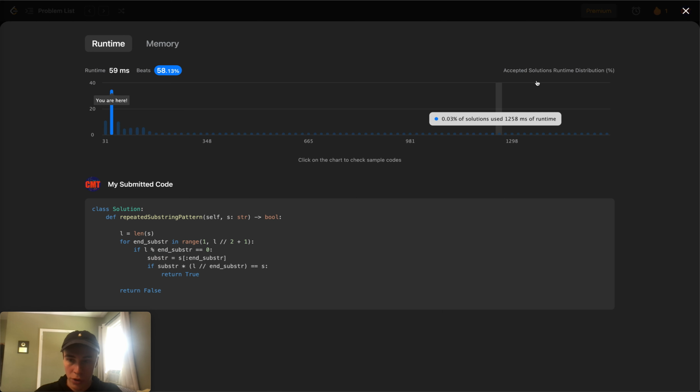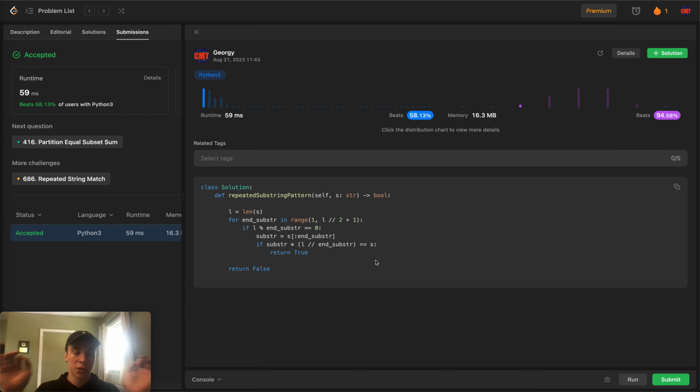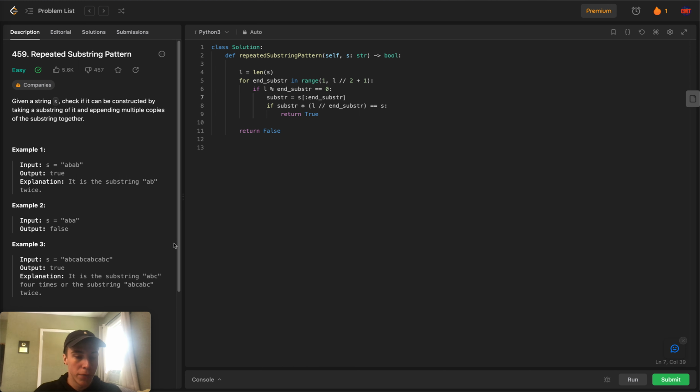This is our solution. Again, the idea is that I'm going to explore all the different possible substrings that I could potentially have. All the different potential substrings have to be at most half of the input array.